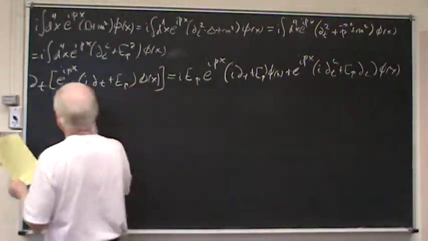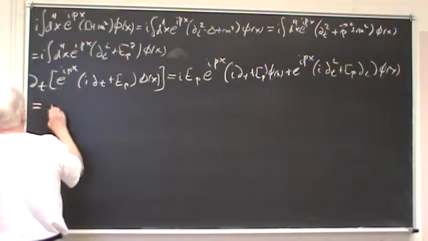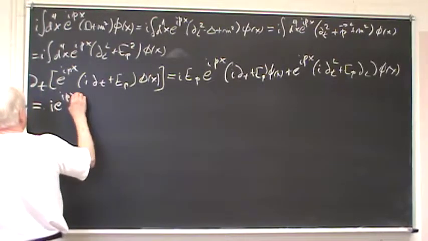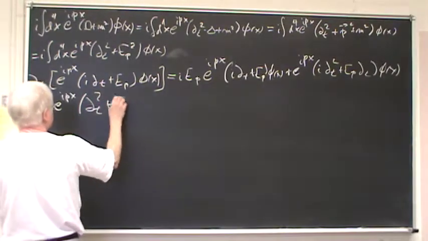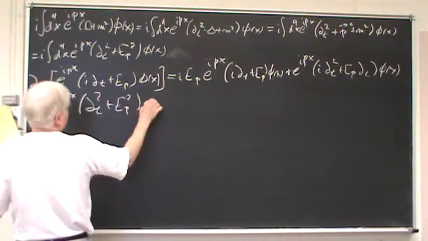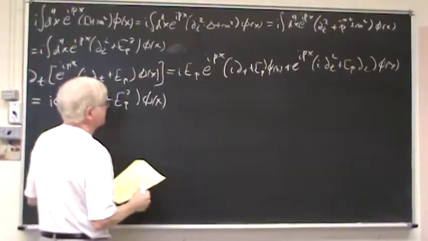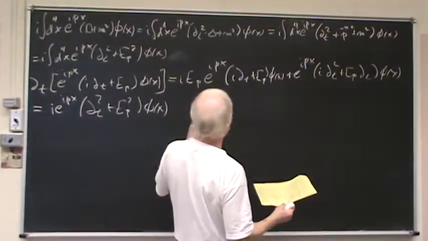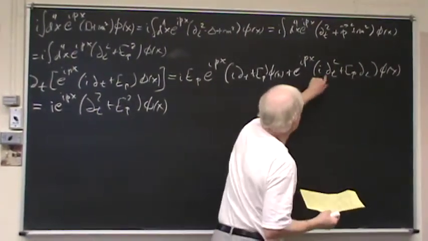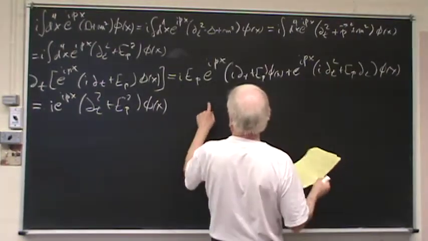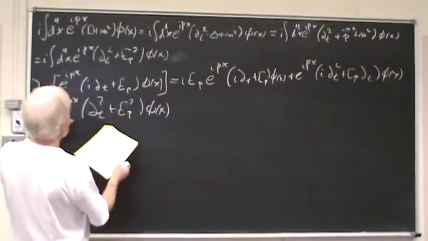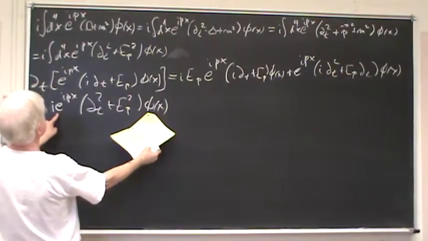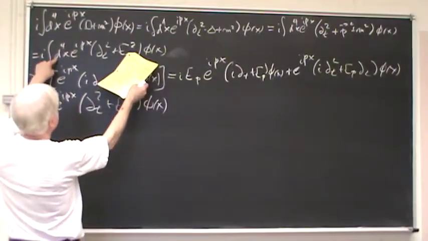And so what we've got here actually is I e to the I px, d by dt squared plus ep squared acting on phi of x. In other words, it's this term and that term. Okay. But all of this is what's in here.